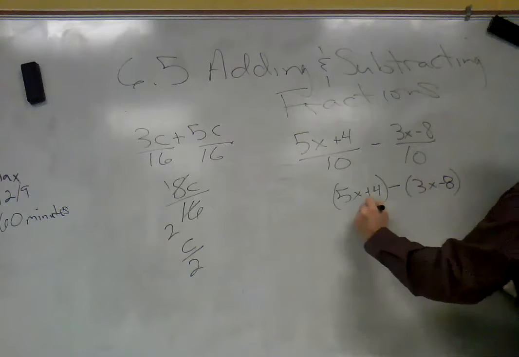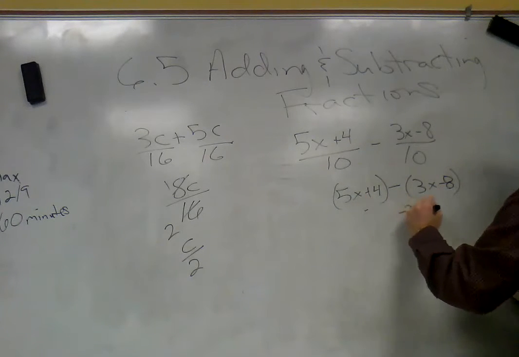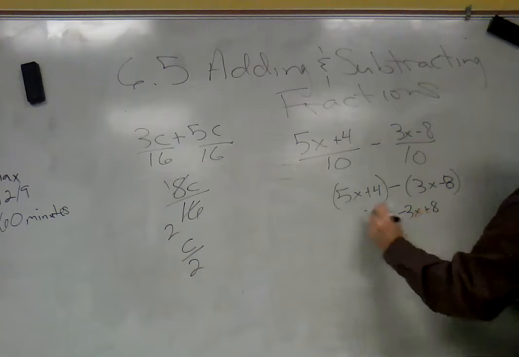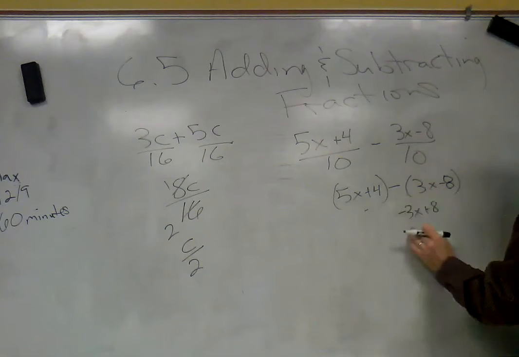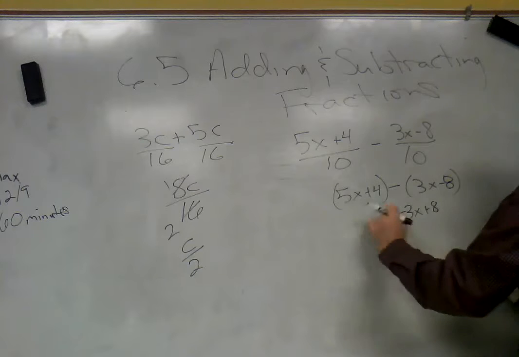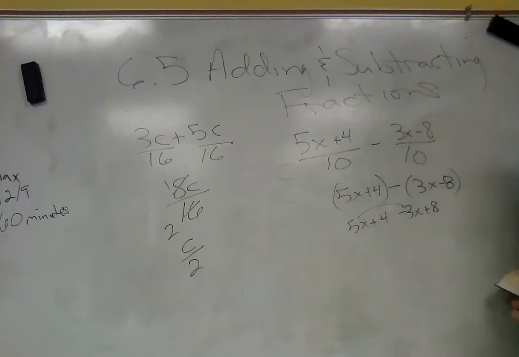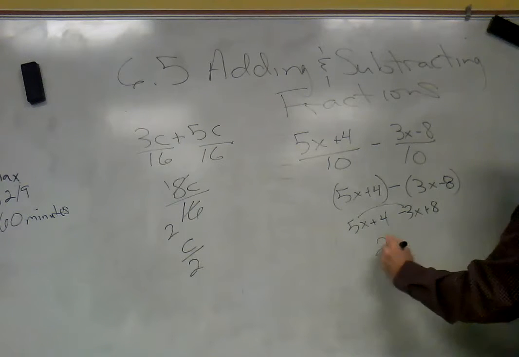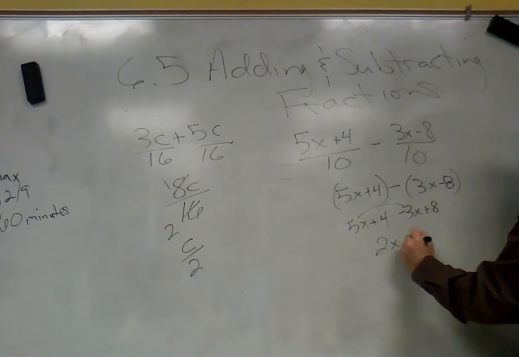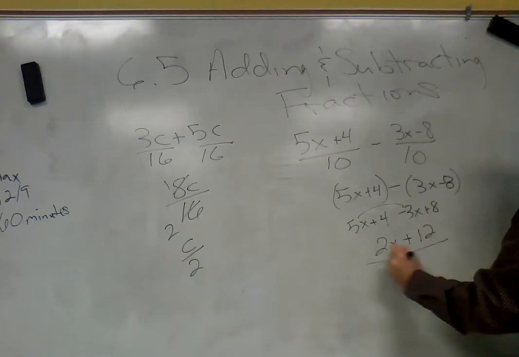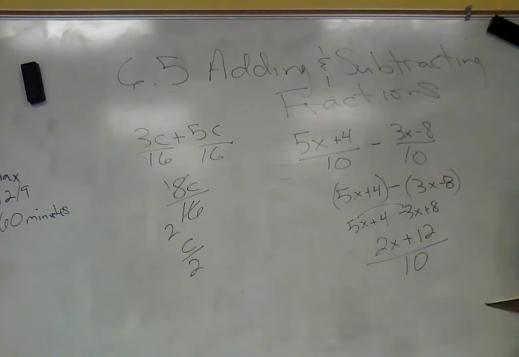Since we have minus, basically we need to change both of the last two signs. So we have minus 3x and we have plus 8. So we're going to combine like terms. 5x minus 3x, what does that give us? 2x. 4 plus 8 is 12. Now it's all over 10.